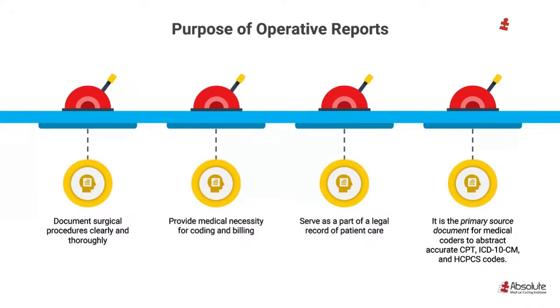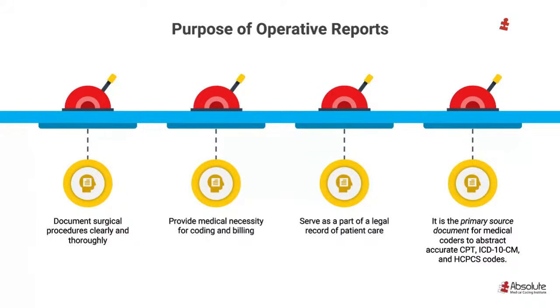Also, operative reports serve as a part of a legal record of patient care. Yes, your medical record is a legal document and it can be subpoenaed and it can hold up very well in court. And you better believe operative reports are a part of a medical record.